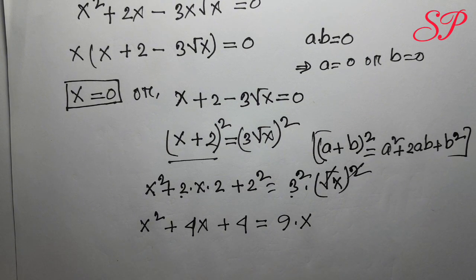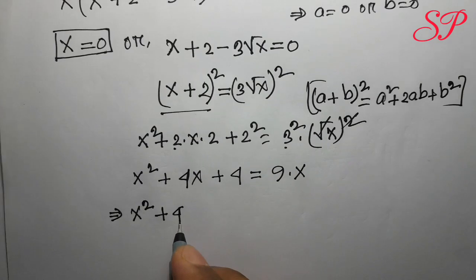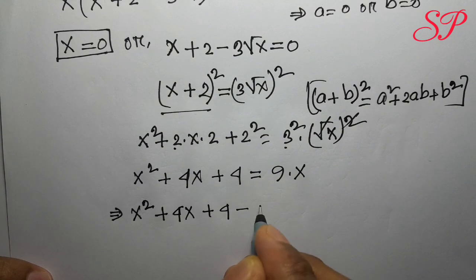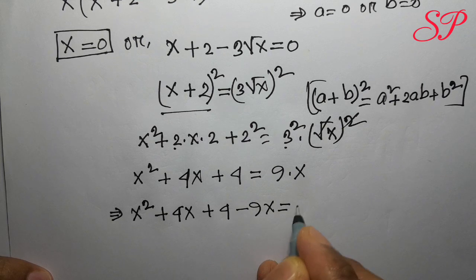Now we again transform 9x from the right side to the left side. So we can write x square plus 4x plus 4 minus 9x is equal to 0.